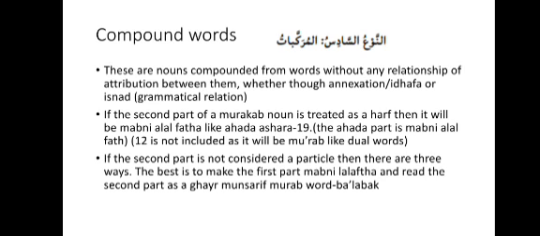If you consider that there is no hidden letter or particle between the 2 words, then they say there are 3 ways of reciting them, but the best way is to make the first part mabni al-fath and read the second part as though it's a ghayr munsarif mu'rab word. For example, and we've come across this when we were going over the 9 conditions of ghayr munsarif, we said tarkib was one, and we gave the example of Ba'al Bakka.